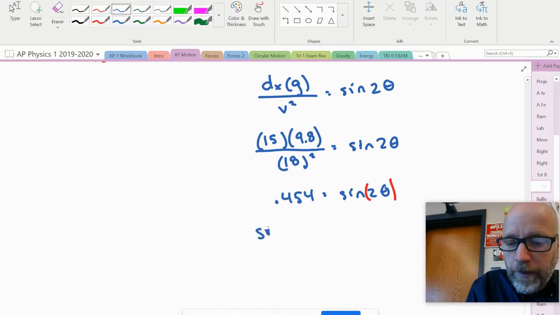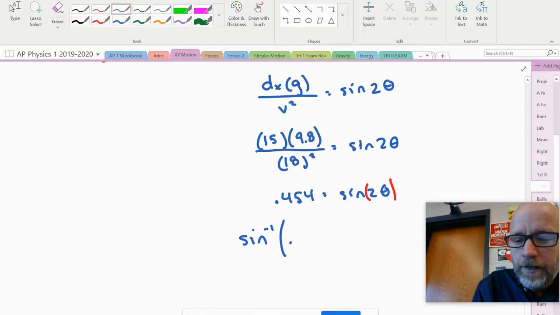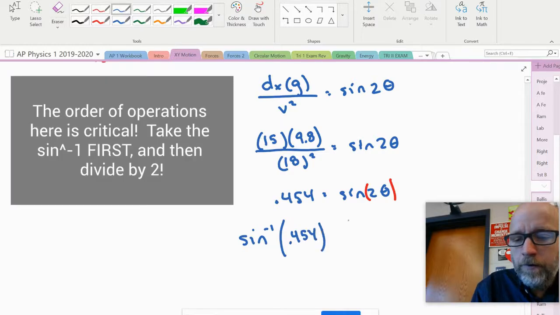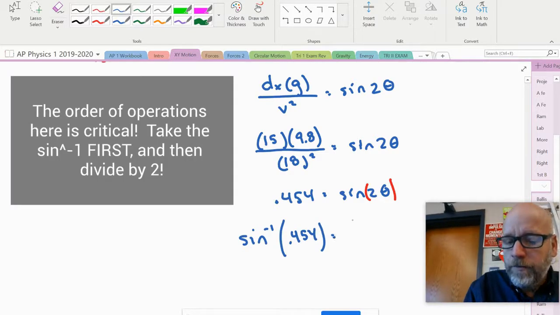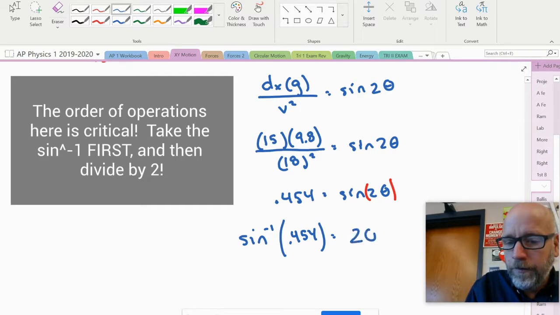So when I do that, I have to take the inverse sine of 0.454, which is equal to, when I take the inverse sine of the sine of 2 theta, I end up with 2 theta. Okay?